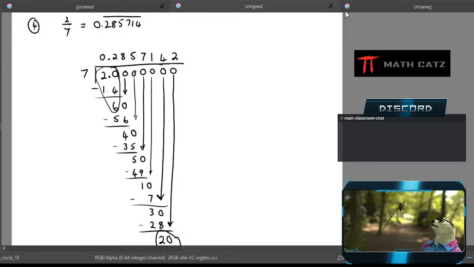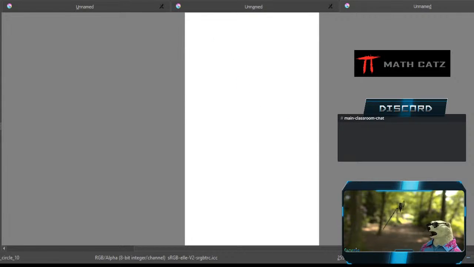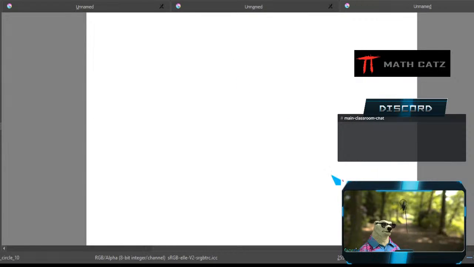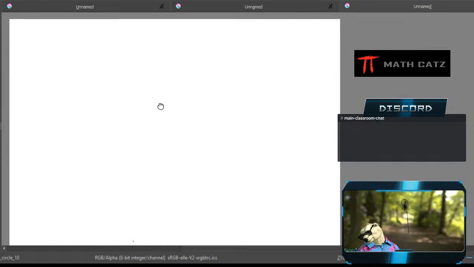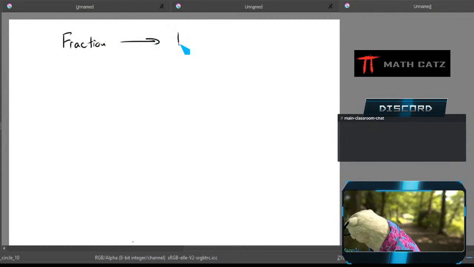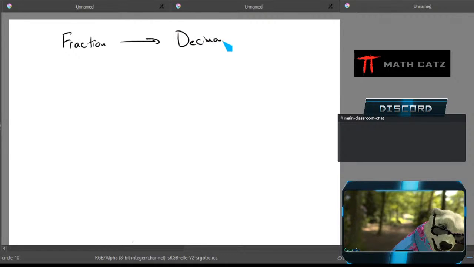Okay, so that is one side of the coin, which is from a fraction converted to its corresponding decimal representation.